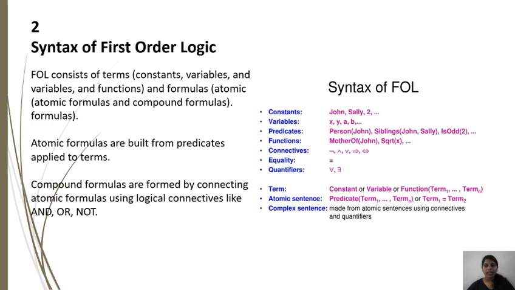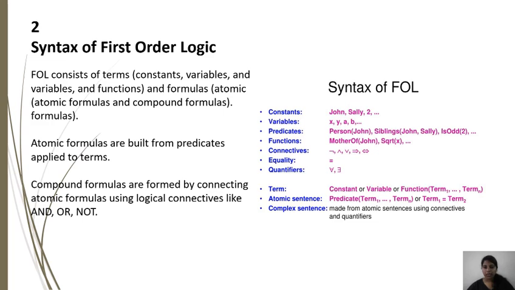Syntax of FOL. John, Sally, those are nothing but constants. Now, variables are nothing but X, Y, A, B. Predicates are nothing but person, that is the name of the person, John. Siblings, John and Sally, and is odd of size 2. Functions: mother of John, square root of X. Connectives are nothing but symbols.